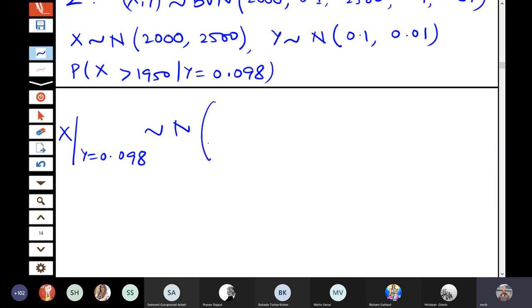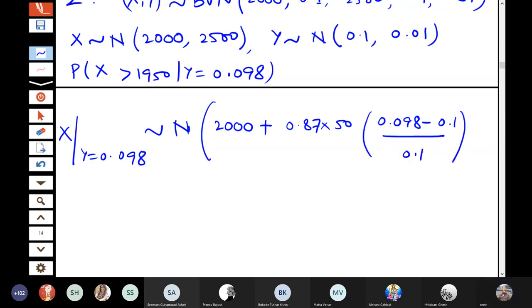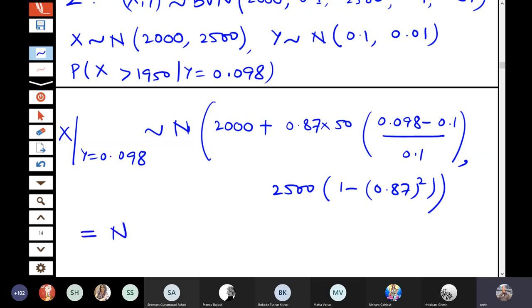This formula we know: mu1 plus rho sigma 1 into (y minus mu2) divided by sigma 2. So y is 0.098, mu2 is 0.1, and sigma 2 is 0.1. And the variance is sigma 1 square, that is 2500, into (1 minus rho square), that is 1 minus 0.87 square. You can simplify this. This is nothing but the normal distribution.